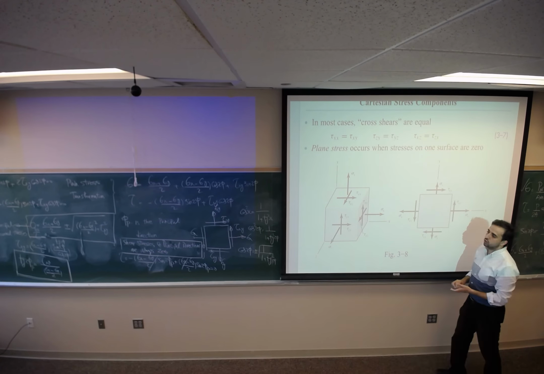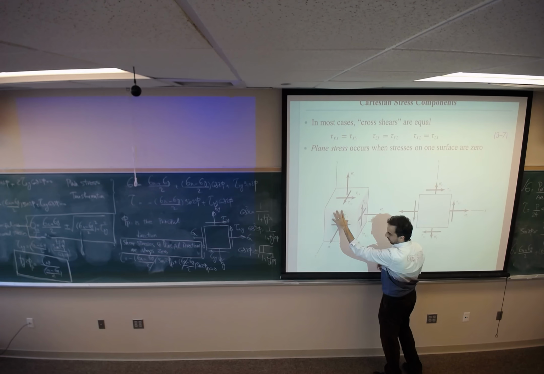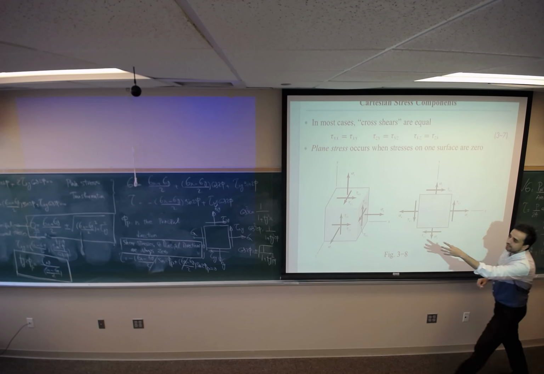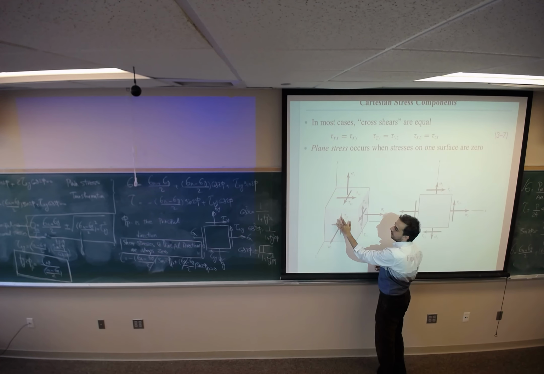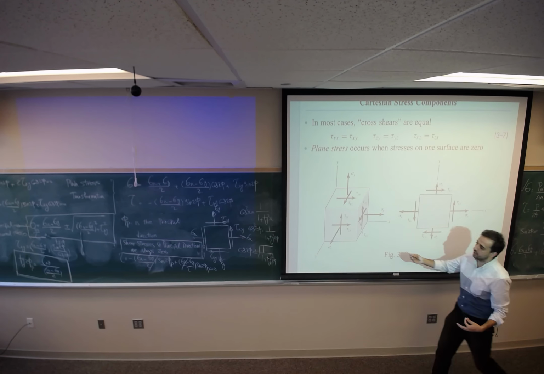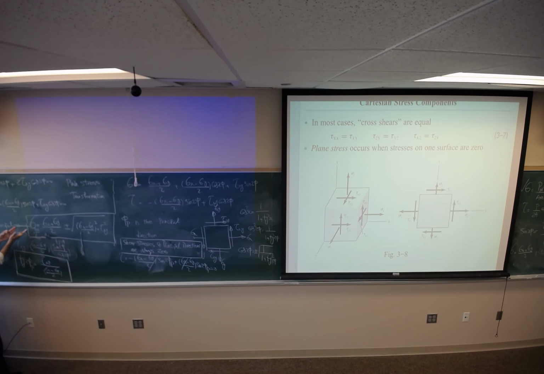But we should remember that we have the third plane, which is the sigma z plane in this case. And on this plane, we have shear stress equal to 0. Since shear stresses are equal to 0, the normal stress on that plane, which again is going to be 0, is going to be a principal normal stress because it's the definition of the principal normal stresses. What would be the principal normal stresses? They are the normal stresses where shear stresses on those planes are 0.